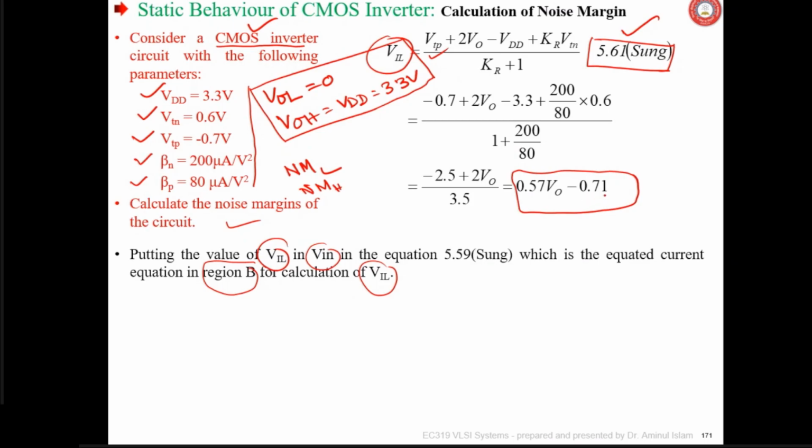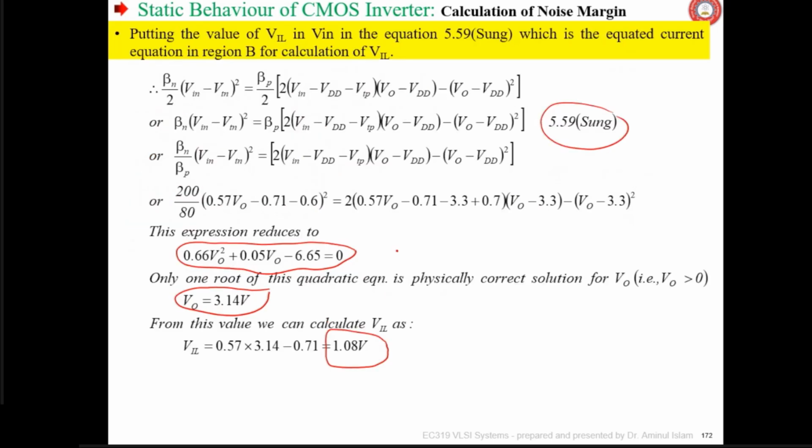VIL equals 0.57 VO minus 0.71. And putting the value of VIL in the equation 5.59, this is the equation 5.59, I have brought it from the previous slides, and putting these values of VIL, we can get this expression, and this expression reduces to 0.6 VO square plus 0.05 VO minus 6.65 equals 0.